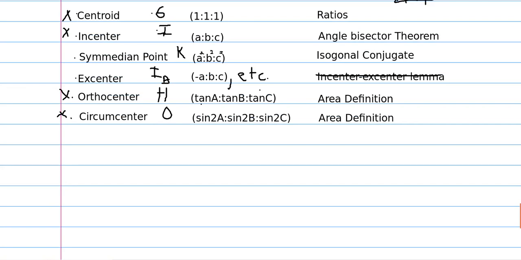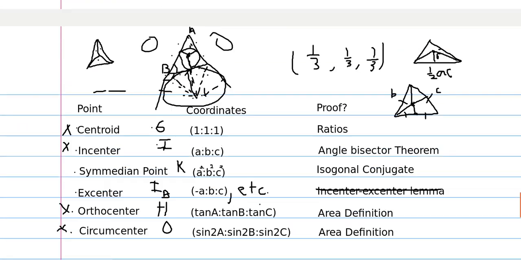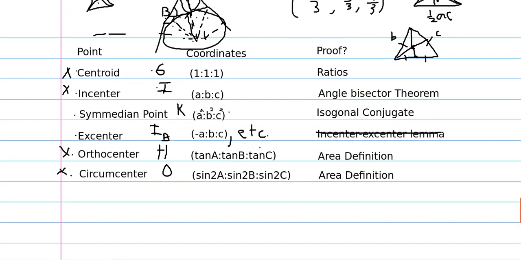Then for the orthocenter and the circumcenter, you sort of just chase around some angles and use the area definition to get these forms. Then you can use law of cosines and sines to get the algebraic forms. So I'm not going to go over any proofs of these points, although in the future I might do a video about the symmedian point and how we get its coordinates, because I like sharing things that I learn.